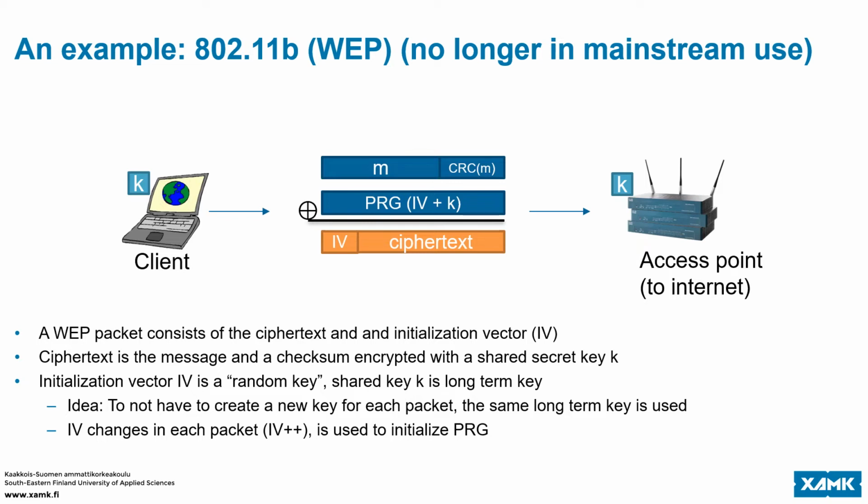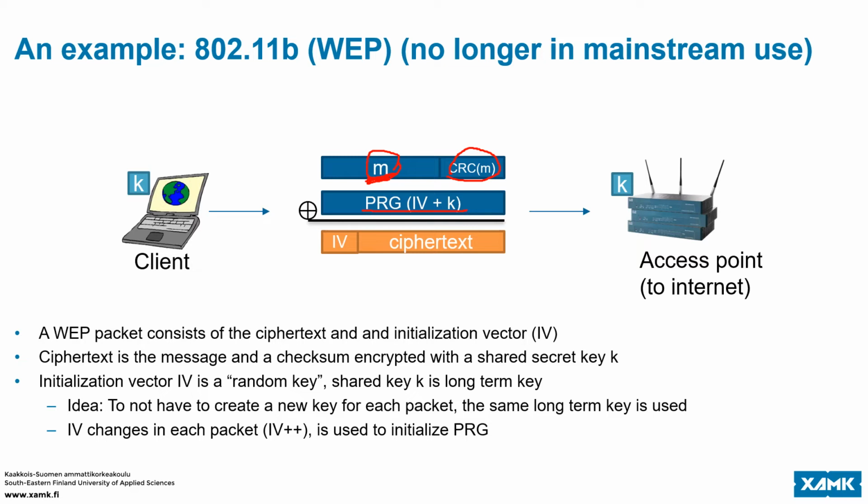How WEP worked was that the plaintext message was paired with a checksum for checking the integrity of the message. And this was XORed together with a random key generated with a pseudo-random number generator.